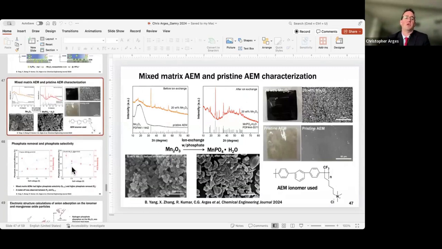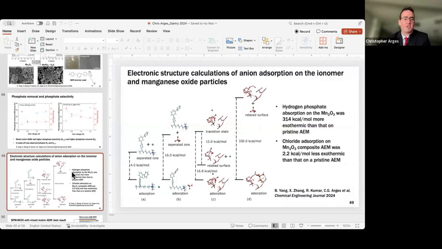And the electronic structure calculations show that for a model manganese oxide system placed with a phosphate, there's a large thermodynamic affinity for adsorption. If we look at the phosphate affinity for the quaternary ammonium on the anion exchange material, it doesn't have a very large thermodynamic efficiency, even though there is that electrostatic interaction.